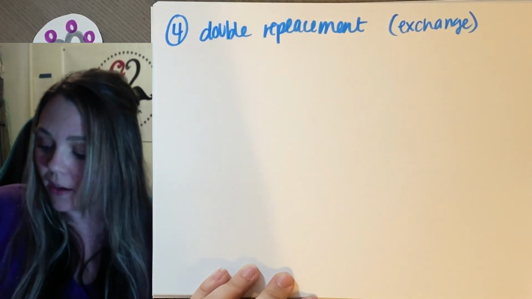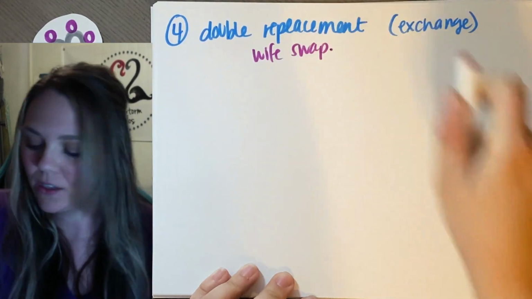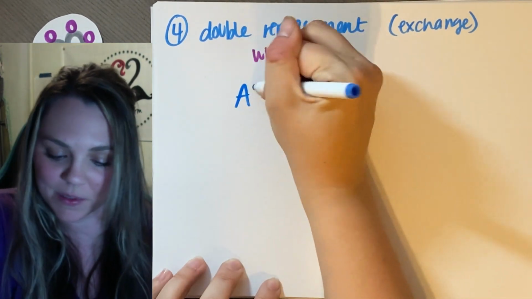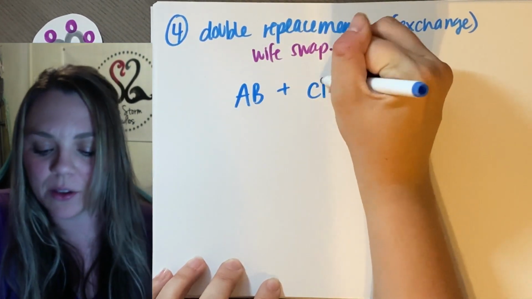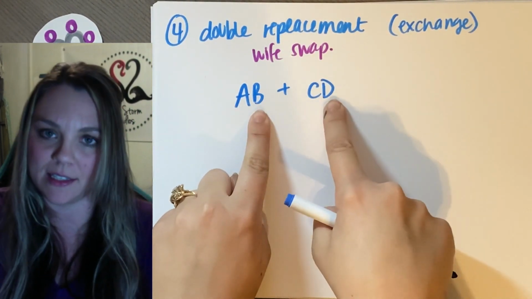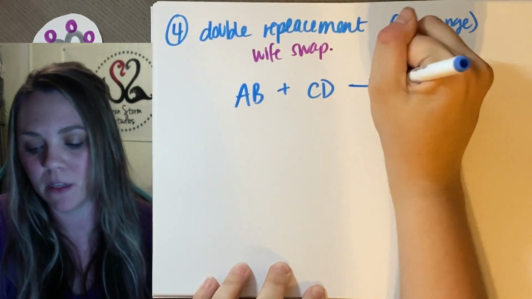That's nice. I call it wife swap. Okay, so if you think about it the way I do, which I'm sorry if you do, I guess, now you have two couples, okay? You have two different compounds, AB and CD. Two nice, happy couples, but they're gonna wife swap, okay?